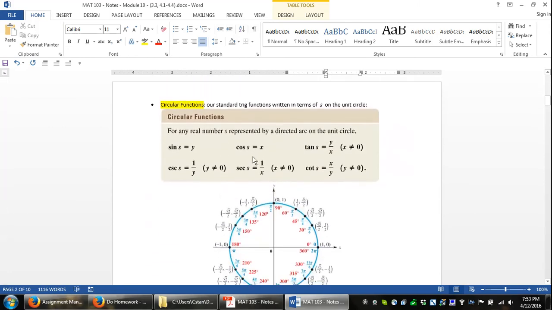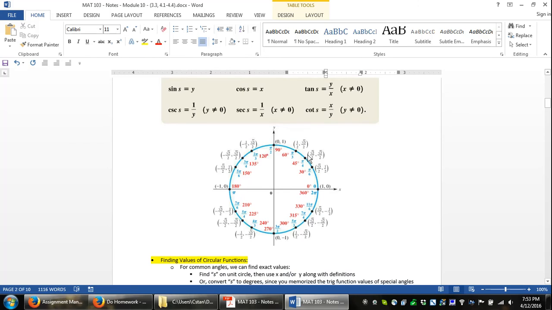Next on our list is cosine. Cosine is equal to x. I won't go back up to our table because I've got this thing written here. But just like sine, the cosine of a given angle comes from the x coordinate of our ordered pair here.